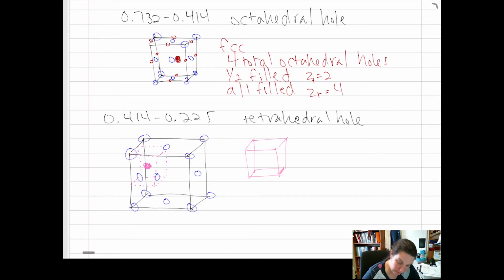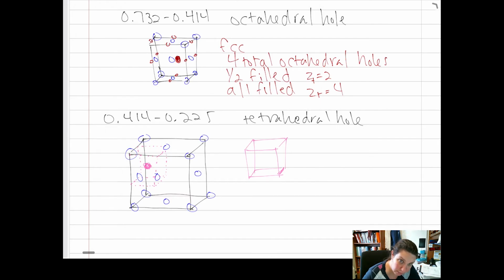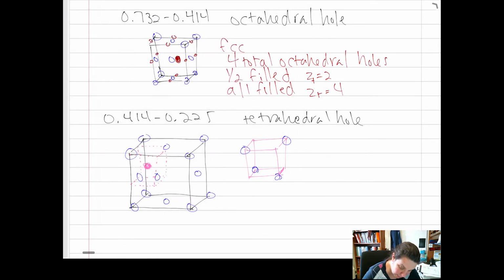So we've got our anions here, here, here, and here, and then in the center of that, we've got our tetrahedral hole. So if we take our whole unit cell and divide it in 8, we have 8 areas, or 8 tetrahedral holes total.